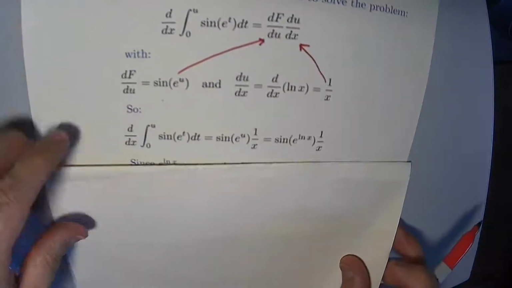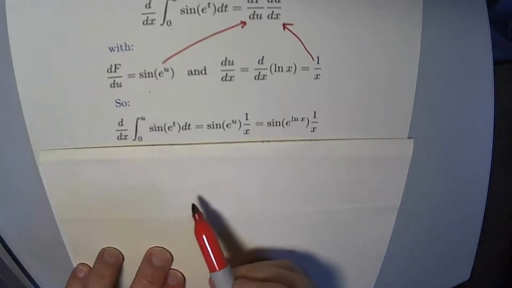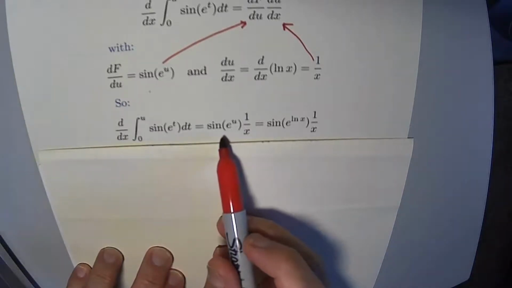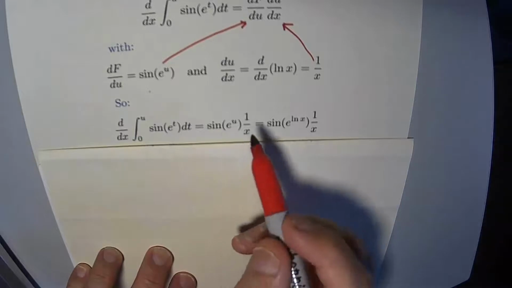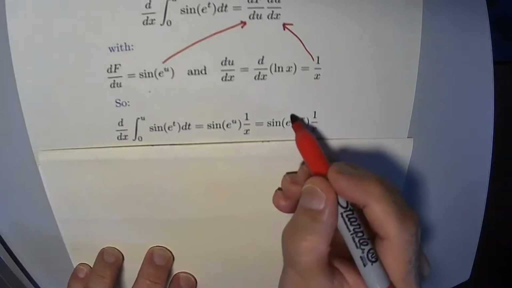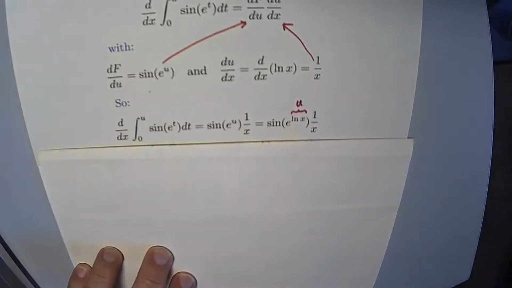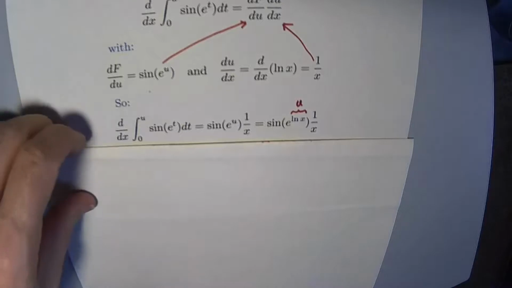After plugging in, we get the derivative of the integral is equal to sine of e to the u times 1 over x, and let's remember that u is natural log of x, so we plug that in.